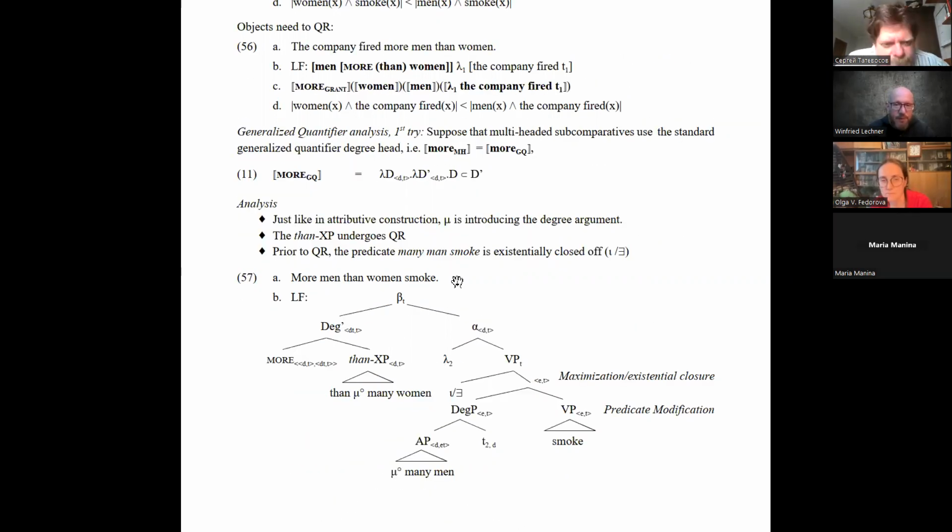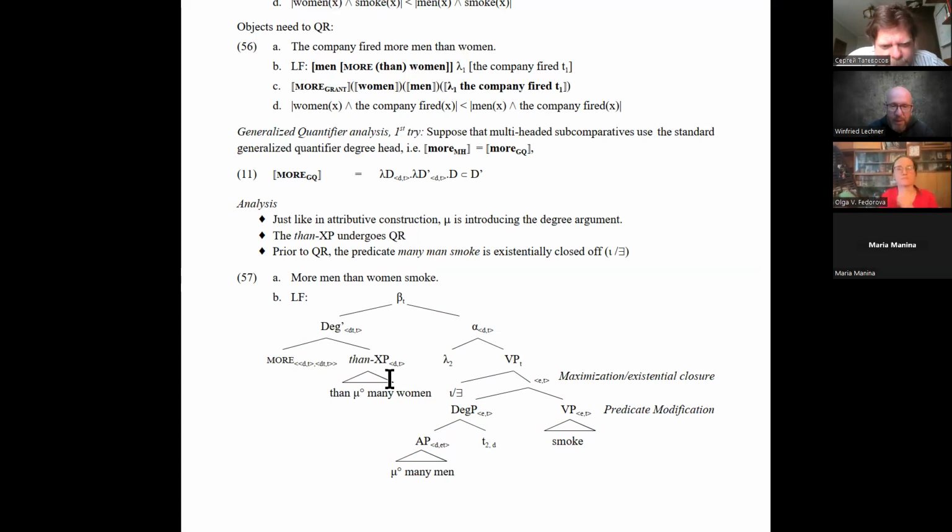Okay, it looks now like this. Let's start with the combination of "many men" and "smoke." The idea is we have the LF configuration once we have QR'd that portion. So "more men than women" would be the base structure, and we have shifted to the left, evacuating the degree bar node.